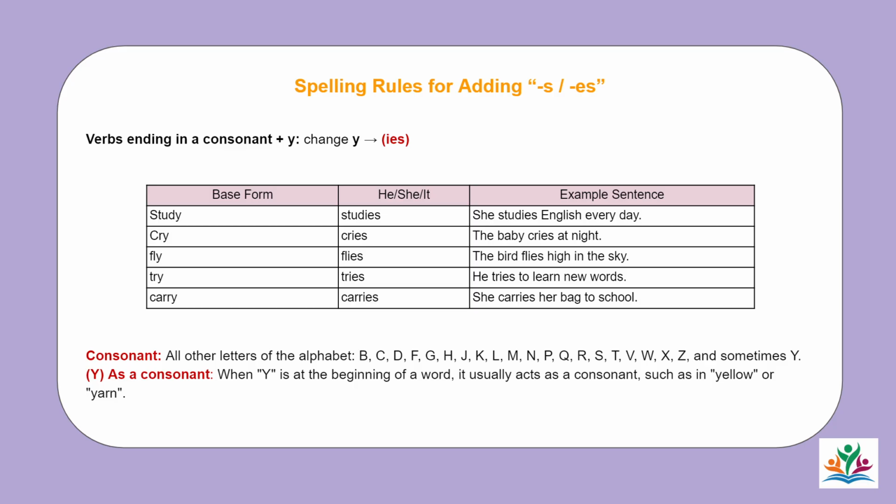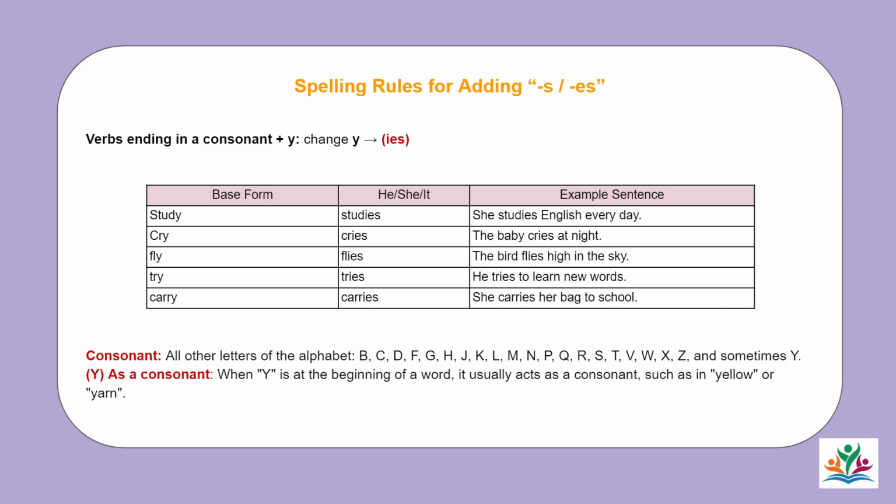As a reminder, when we're talking about consonants, all other letters of the alphabet, including B, C, D, F, G, H, J, K, L, M, N, P, Q, R, S, T, V, W, X, Z, and sometimes Y. Y is a consonant when it is at the beginning of the word, such as, for example, yellow or yarn.